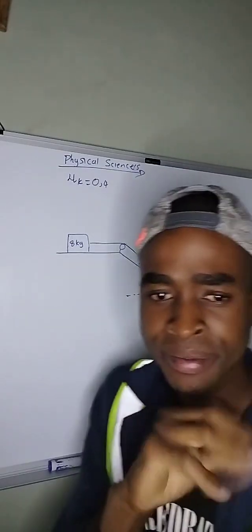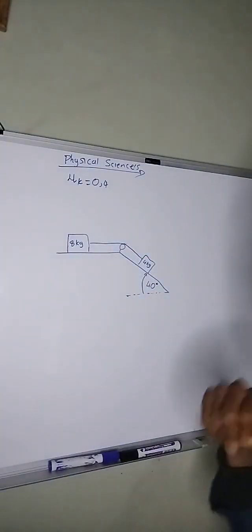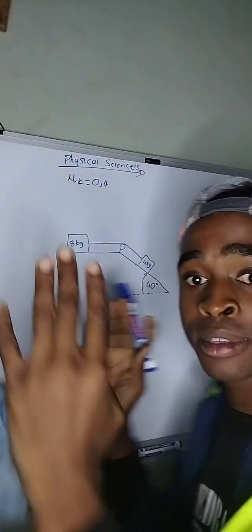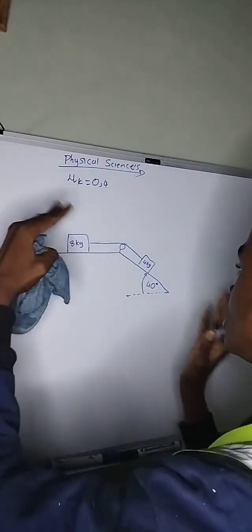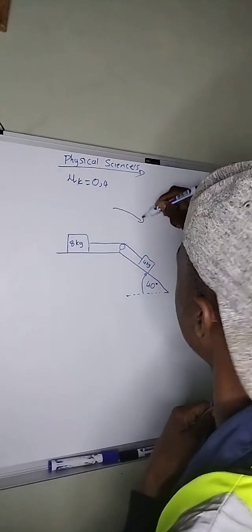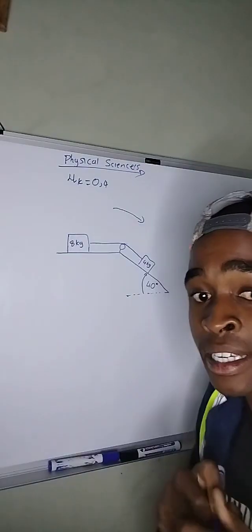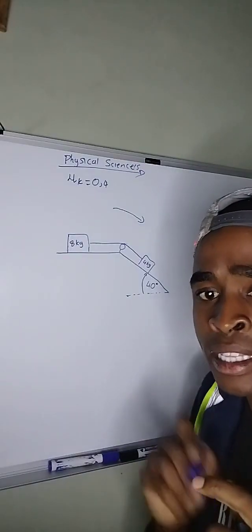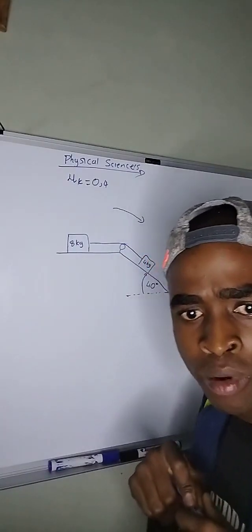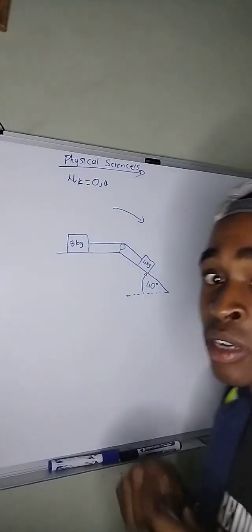Okay, it's fine. We will fix this issue. So, guys, we are told that the whole system is accelerating in this direction. A force is a pull or push. So does it mean that on the 8 kg block we have a force applied?